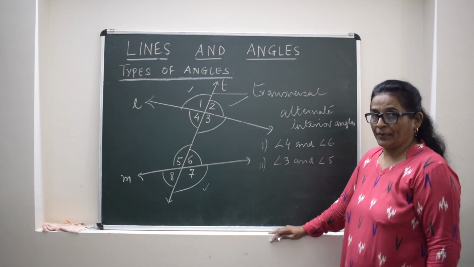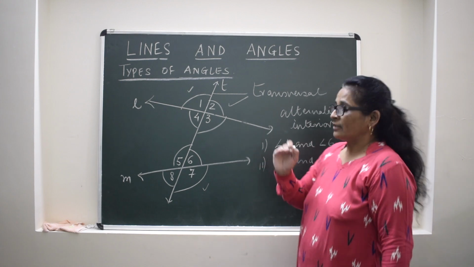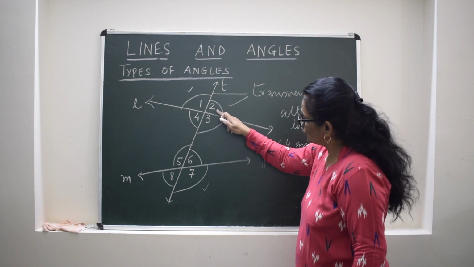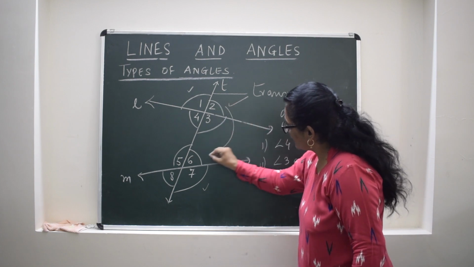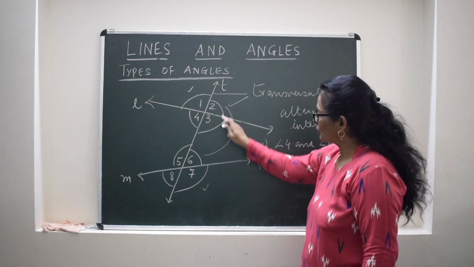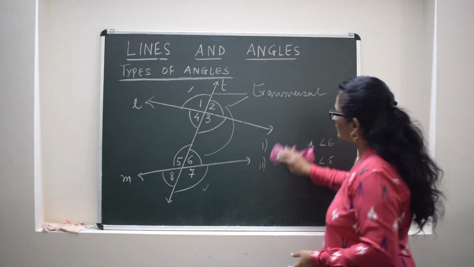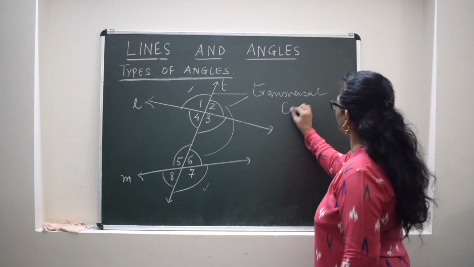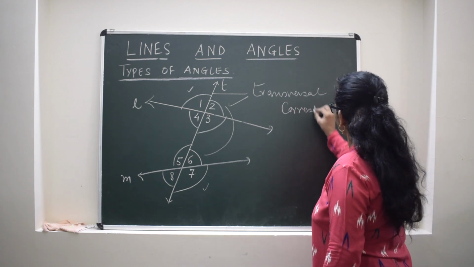Now next type. The ones which are falling same side and same type, means 2 and 6. They are upper side and on the same side of the transversal. So their name is corresponding angles. The next set is corresponding angles.